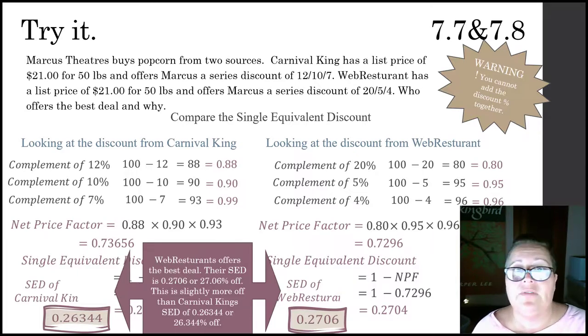Their single equivalent discount is about 27% off. This is slightly more than Carnival King's at 26-ish% off. Since 27% is a higher discount than 26%, we can say that Web Restaurant would offer the better deal because it's giving the bigger discount.